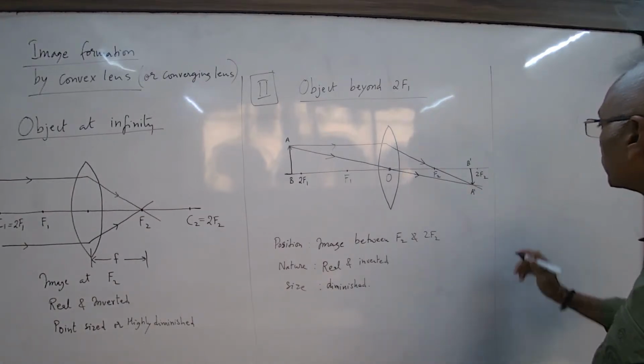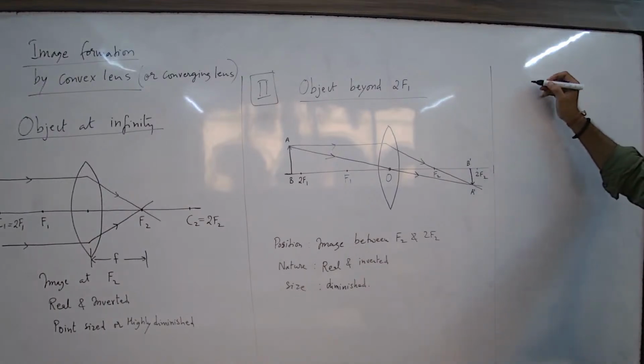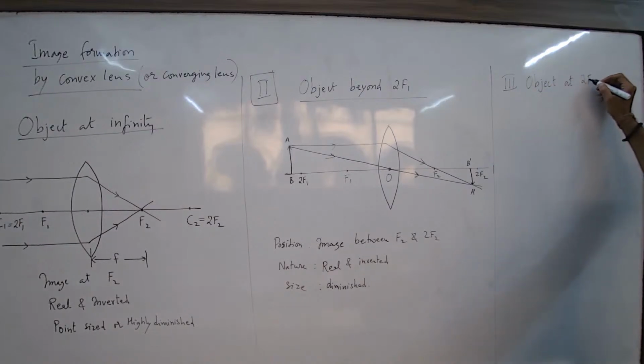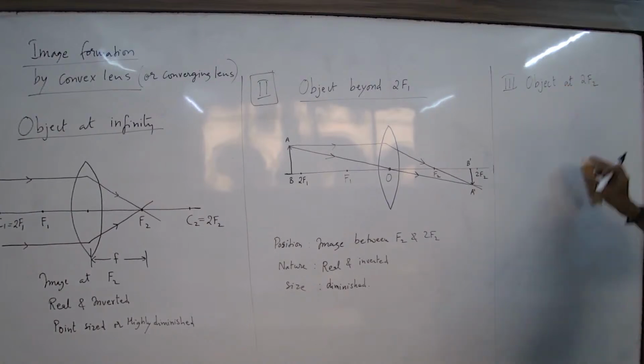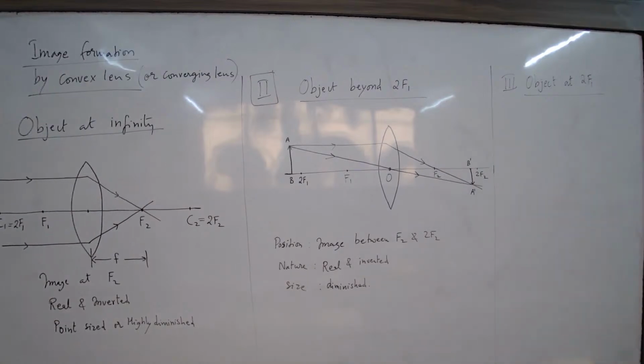Next object position, at C1 or 2F1. So where should be the image? When the object is at C, where is the image? In case of a mirror, at C only. So here where should it be? At 2F on the other side, right?